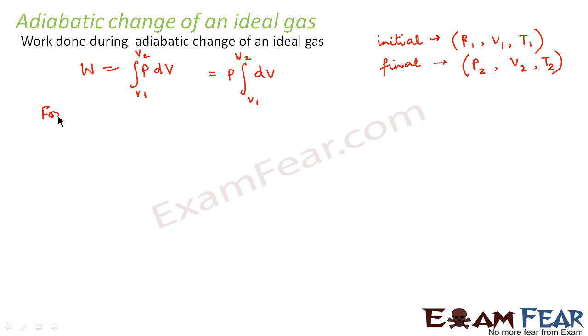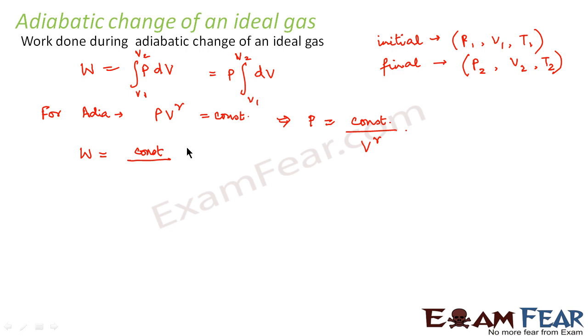Now the equation of state for adiabatic change is PV to the power gamma is equal to constant. So P is equal to some constant divided by V to the power gamma. Now we can put this value of P in the above equation. Instead of P we write constant divided by V to the power gamma. So this V to the power gamma will go inside, and this will be integrated from V1 to V2.